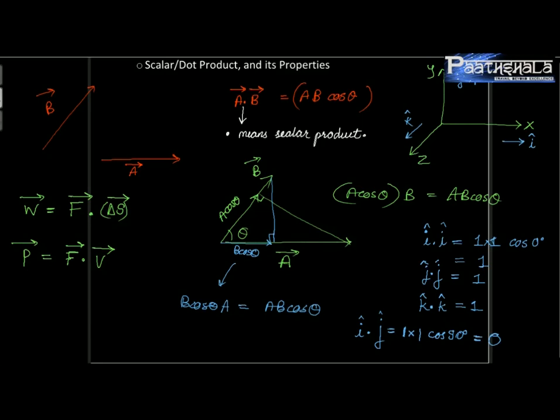There are a few properties of scalar products that we need to know, and the properties are as follows. If the angle theta between two given vectors is acute, then the dot product is positive.